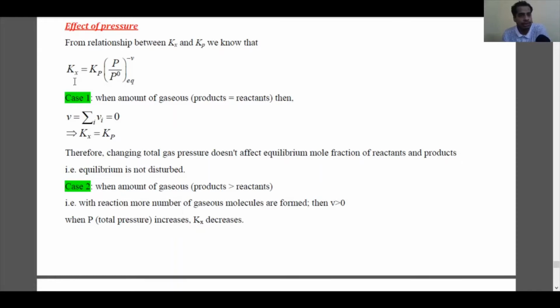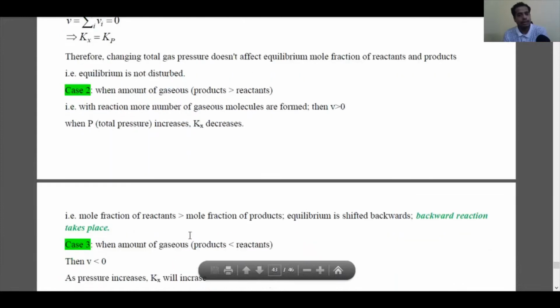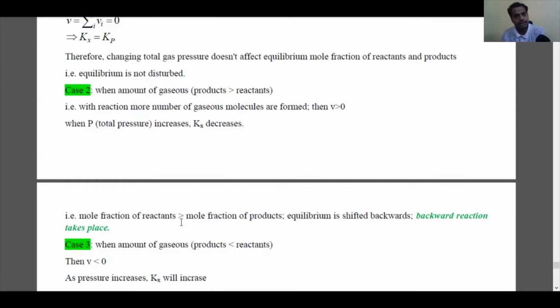When total pressure increases, since the power is negative, Kx will decrease. That is, the equilibrium constant in terms of mole fraction decreases.